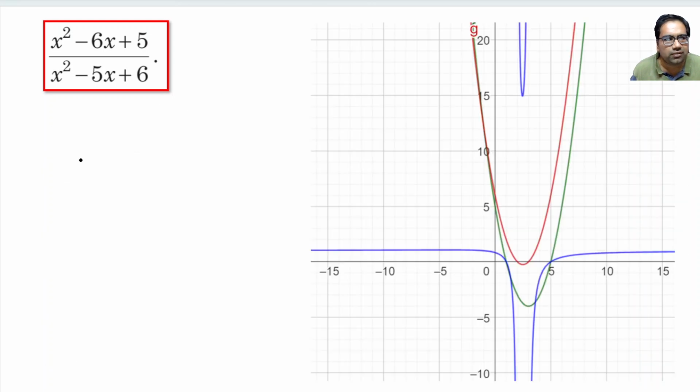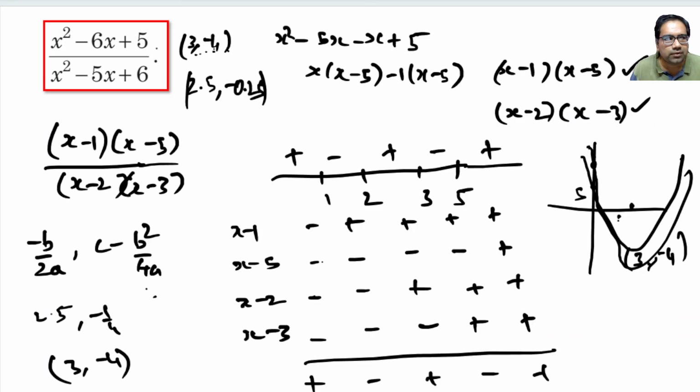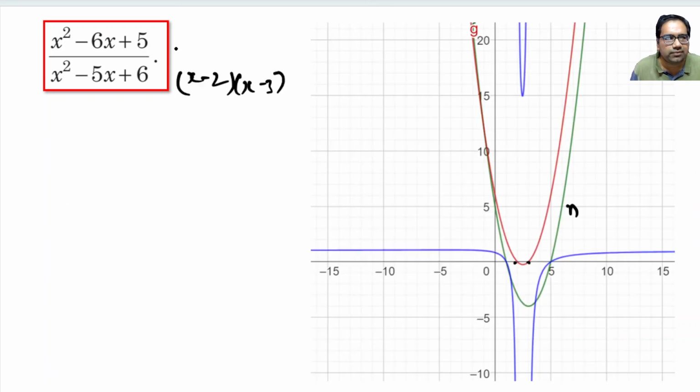For example, the graph will look like this. The green one is the numerator. And the denominator is x minus 2 into x minus 3, and here it is x minus 1 into x minus 5.